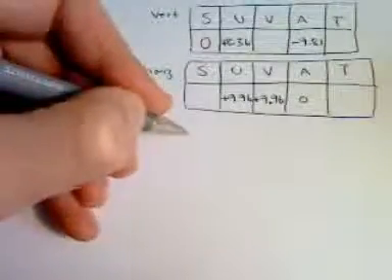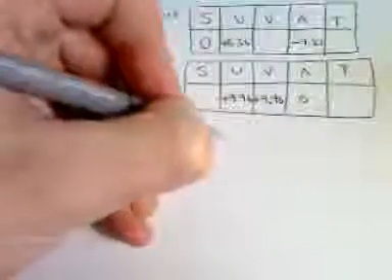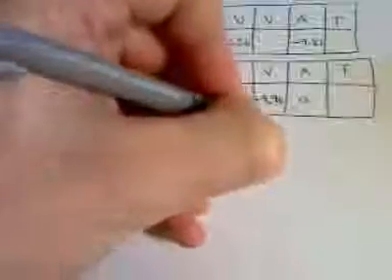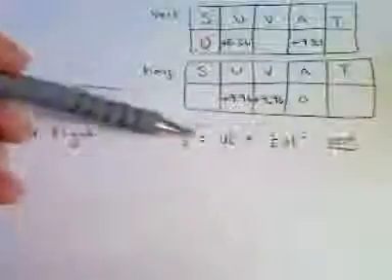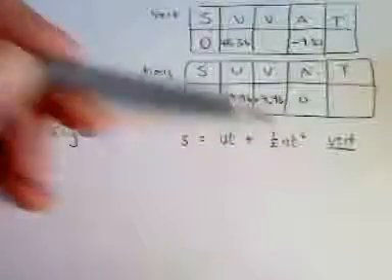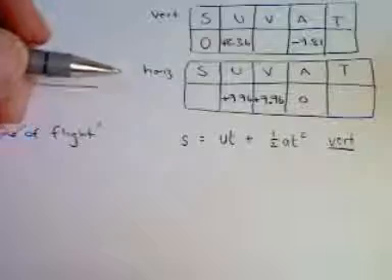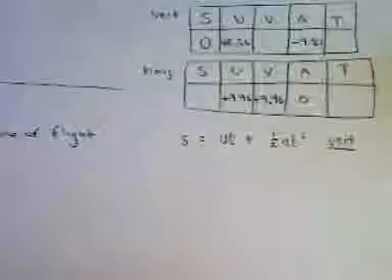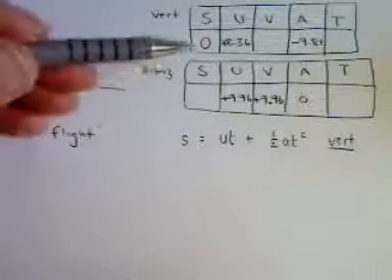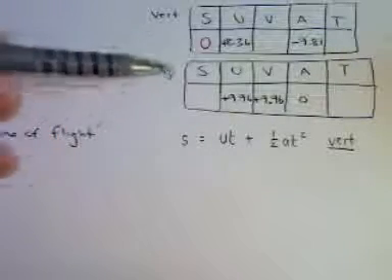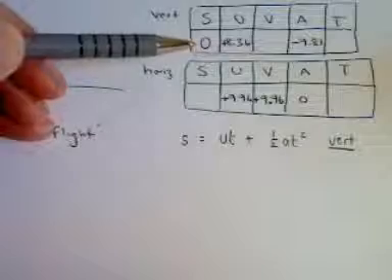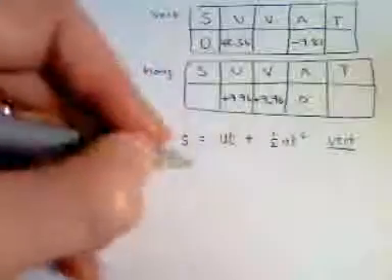So if we just write down S equals ut plus a half at squared, and we're going to apply this to the vertical. Remember, it's always worth writing vertical there, just to remember every piece of information substituted into that equation has to involve vertical values. Now the moment we're trying to calculate is the moment just before it lands here, and this is to give us the time of flight, and we've got vertical displacement equals 0 just at that moment.